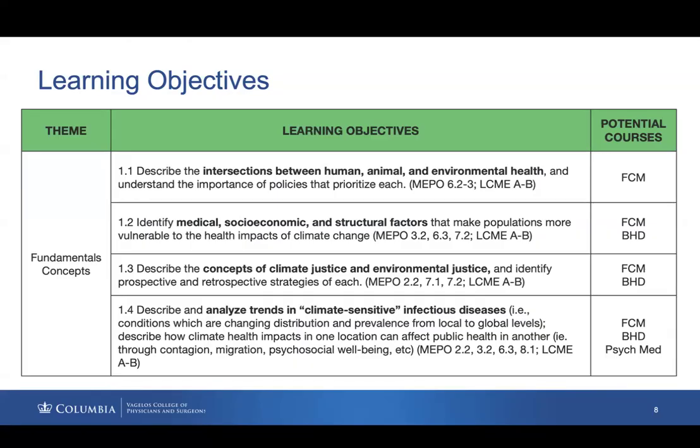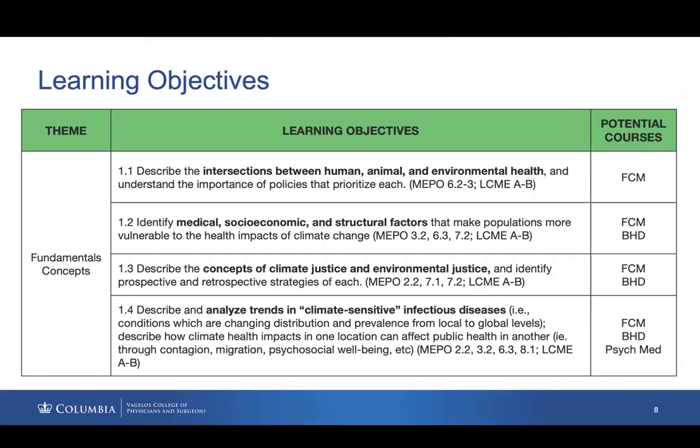In this phase of the curriculum, as we were proposing what we would do to the deans of Columbia, we really emphasized how these different learning objectives mapped to Columbia's own learning objectives, as well as the LCME standards, and how specifically each course could address each learning objective, to make sure that we were hitting all of the learning objectives throughout the curriculum without having unnecessary redundancy.